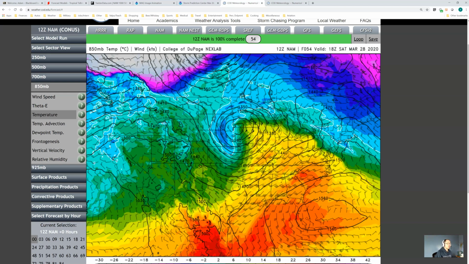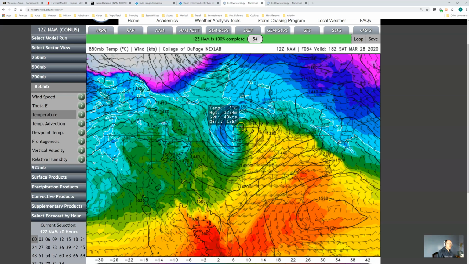Here the reflection of our low is right across northwestern Iowa, a very intense system expected to happen, at least by this morning's NAM run. Rotating around that you can see some very strong winds out ahead of it across Iowa, much of Illinois, Wisconsin, and up into Minnesota. There's still some strong flow in the wake of this system as well, but it's probably not too hard to pick out where we might have some type of boundary at 850 millibars.